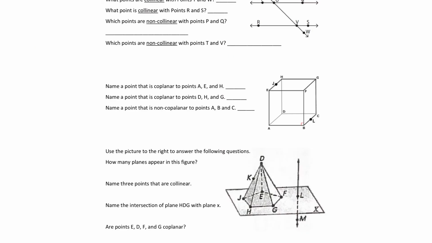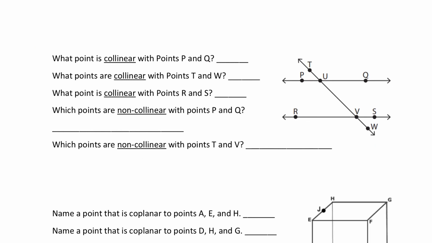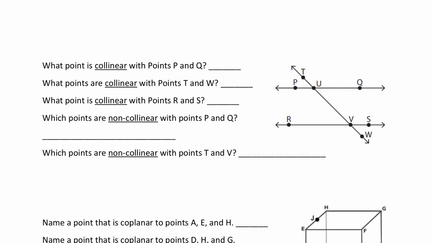Okay, over here. What point is collinear? And remember, go back to the front. What does collinear mean? On the same line. So what point is on the same line with P and Q? Good. Here's P, here's Q. The one that is collinear is point U because it's on that same line.